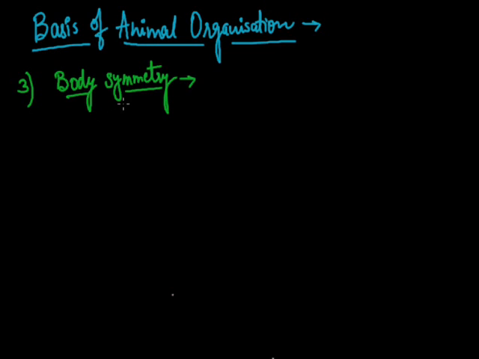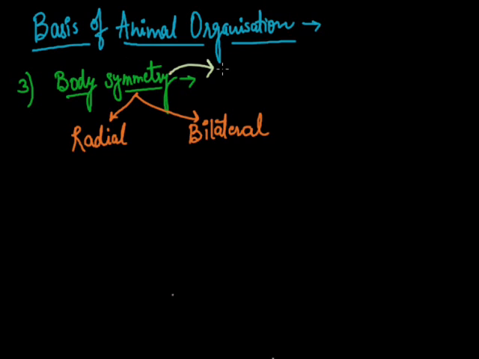On the basis of body symmetry, the animal can be divided into two parts, the radial symmetry and the bilateral symmetry. As the word symmetry means, when we cut an organism, it will divide into equal parts from the central axis or mother axis.